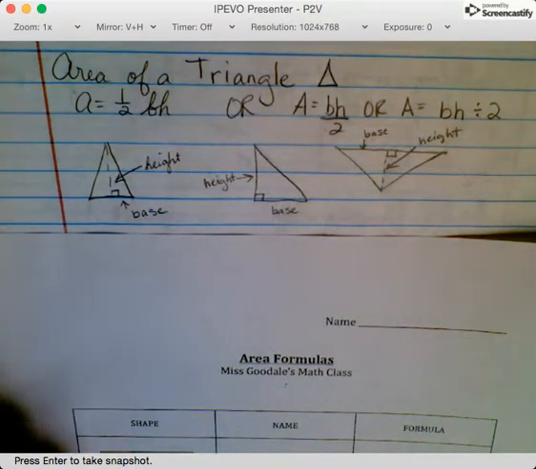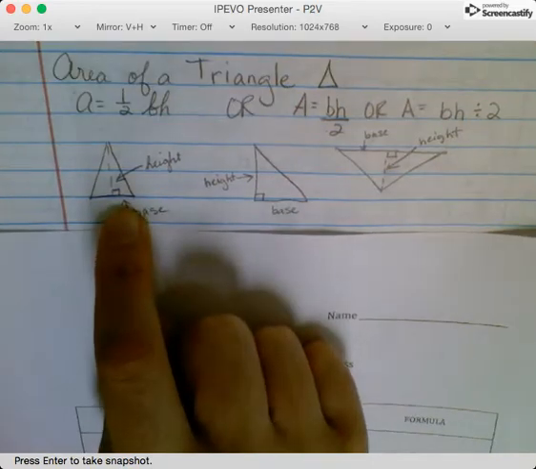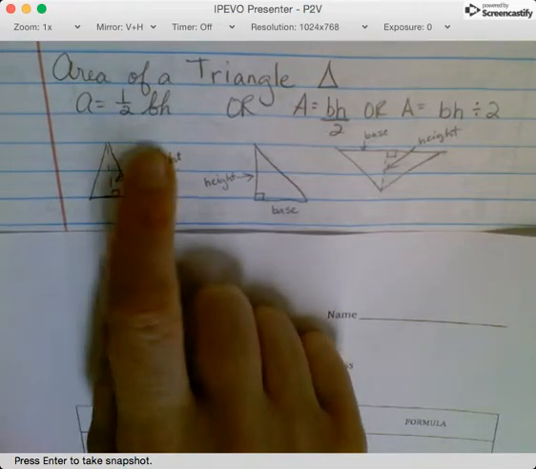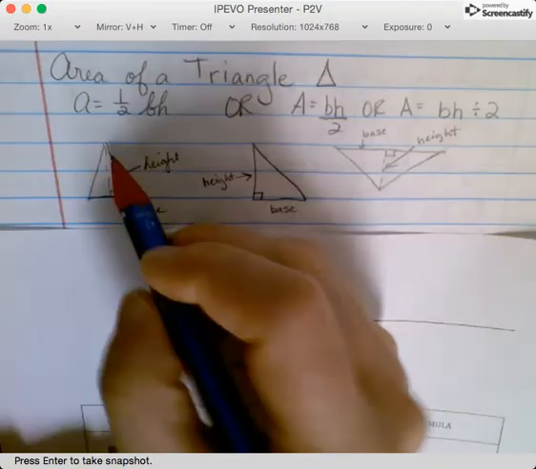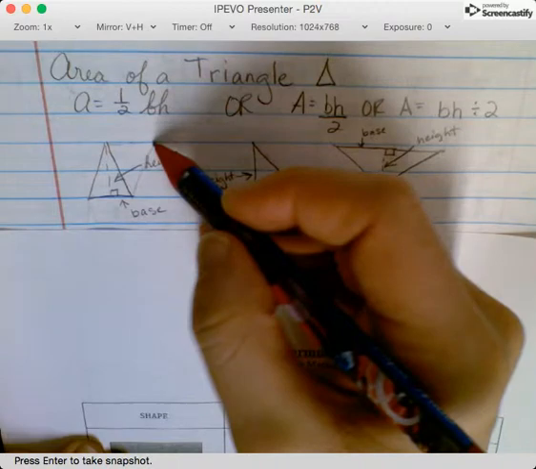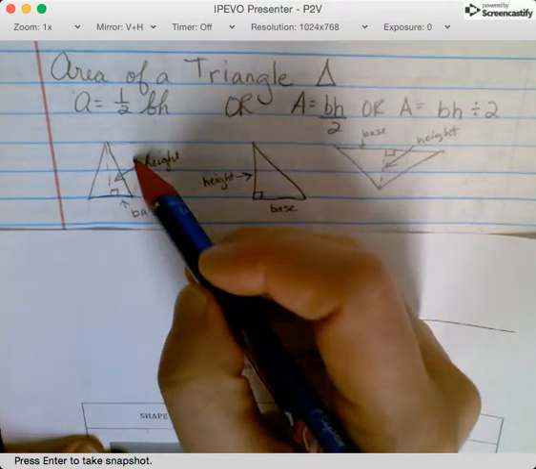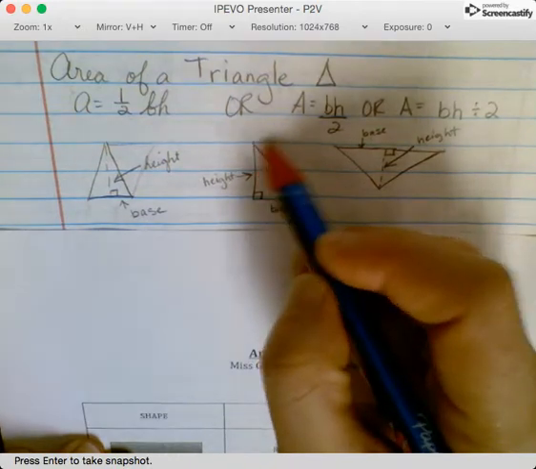Basically, triangles, if I put two of them together, they could make a parallelogram. If I took and made another triangle here that was the same size, and I just matched them up, those would make a parallelogram.